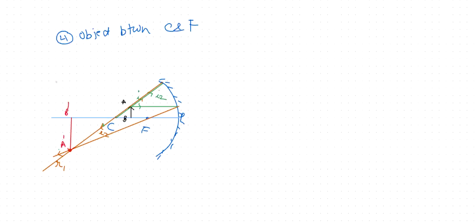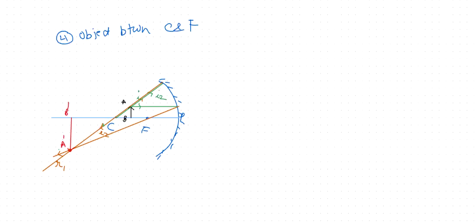This was my object. This is the image. Definitely it's bigger than the object. Right? And where is it created? It is created beyond C. C is here and it's gone past C and is created here. It is inverted and it is real.